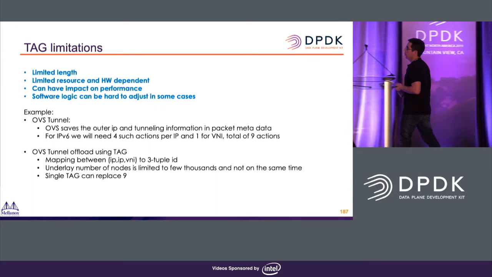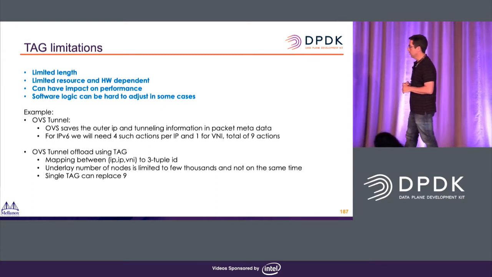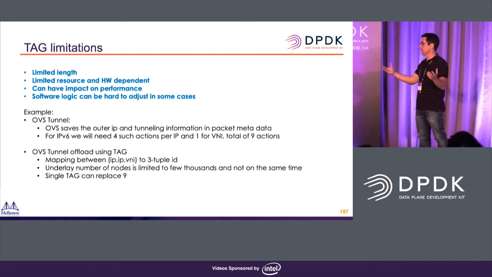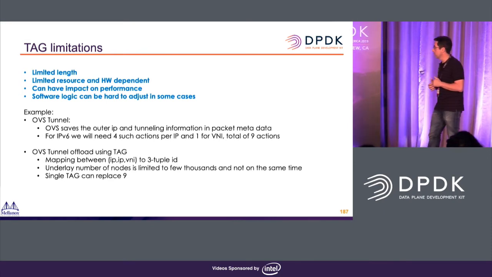So what we are going to do is a mapping. If you think about it, how many nodes do you have in a cluster? 10,000, 20,000? How many are going to connect between them at the same time? 1 million, 2 million? And this is much higher than in real life. So we are doing a mapping.